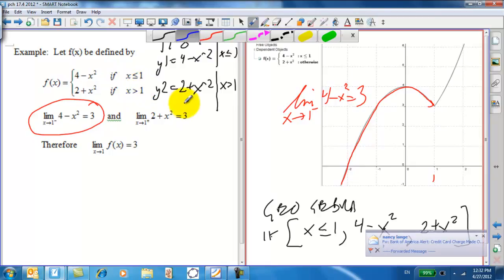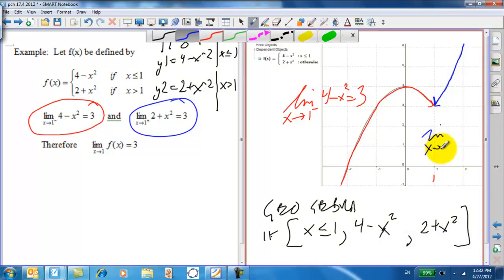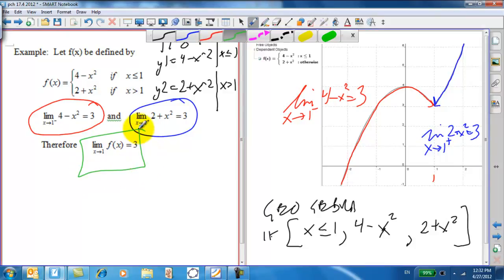Now contrast that with this one. We approach 1 from the right. And the limit as x approaches 1 from the right of 2 plus x squared equals 3. So therefore, put those two ideas together and you get the limit as x approaches 1 of f of x equals 3. The directional limits agree, so the limit exists.